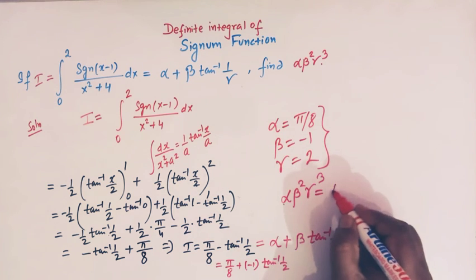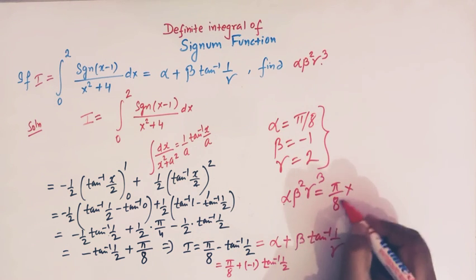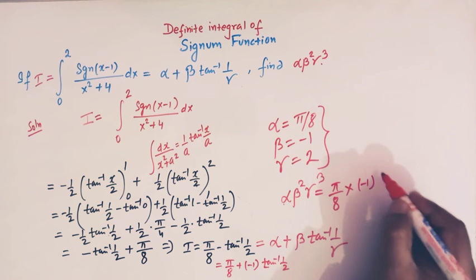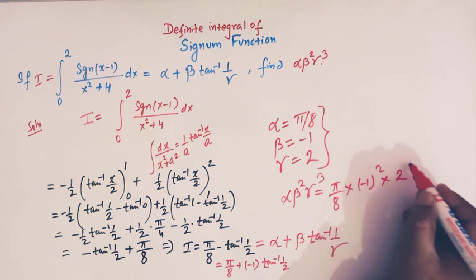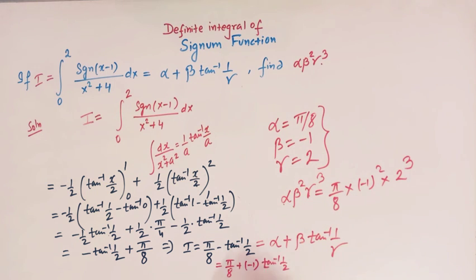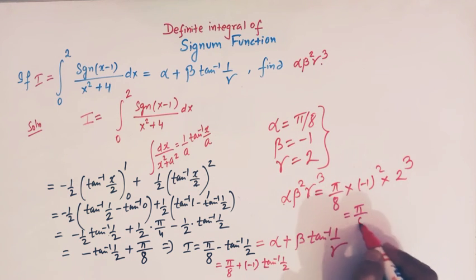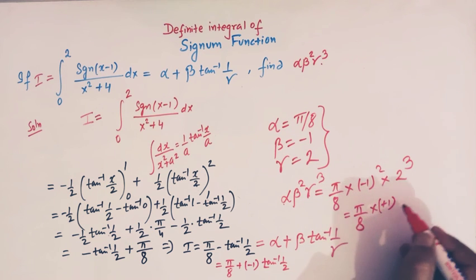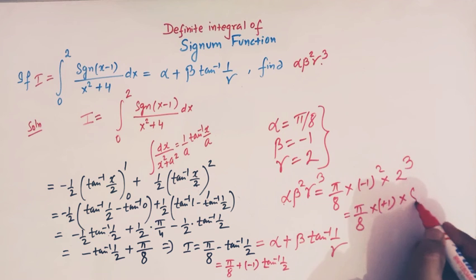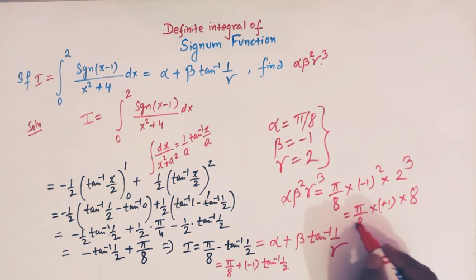So alpha is pi over 8, beta square is minus 1 square, and gamma cube is 2 cube, right? So this is pi over 8, and minus 1 square is plus 1, and here 2 cube is equal to 8. 8 and 8 get cancelled, so we are left with pi, right?